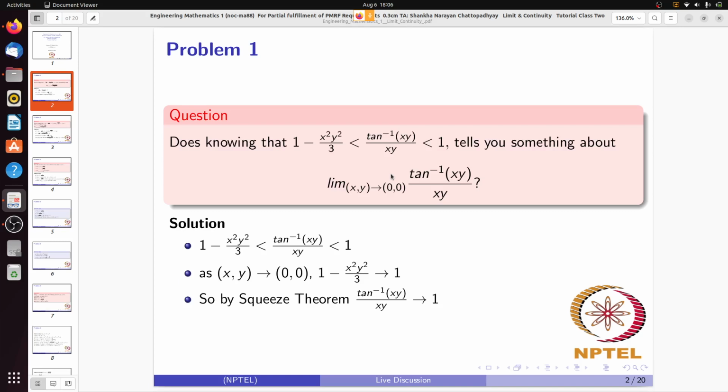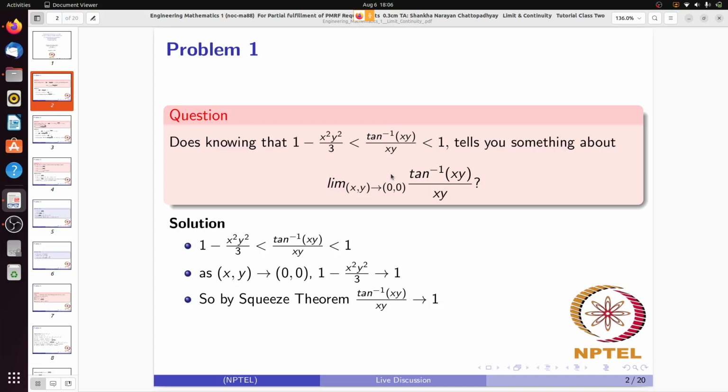What does it tell us about the limiting value of tan inverse xy divided by xy as (x,y) tends to (0,0)? So first see the solution. We first have that 1 minus x square y square by 3 is less than tan inverse xy by xy, which is less than 1.